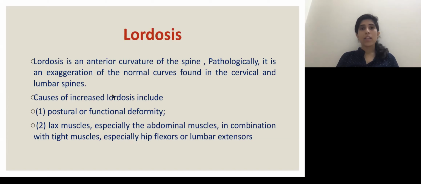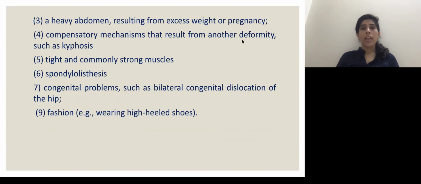Mainly, if the hip flexors and back extensors are tight, and the abdominal muscles and the gluteus muscles, that is the hip extensors, are weak, then they can produce this lordosis. Then there is a heavy abdomen resulting from excessive weight or pregnancy. Then compensatory mechanism as a result of other deformities like kyphosis.